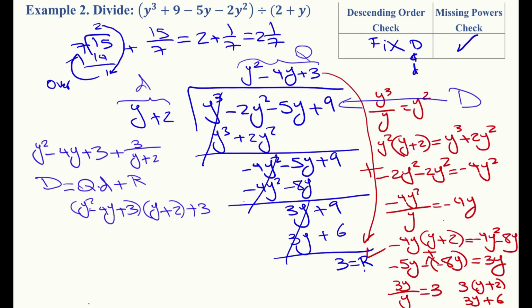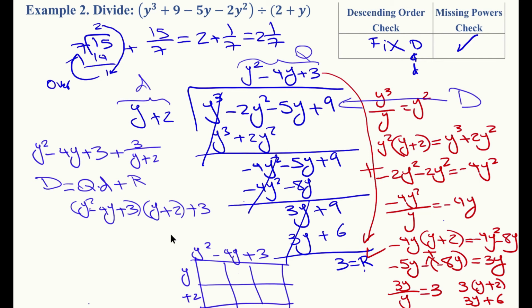Okay, and so let's go ahead and do the multiplication. So let's just use a table. I'll put the y plus 2 over here, and we'll put y squared minus 4y plus 3 horizontally. So let's go ahead and use the table method.